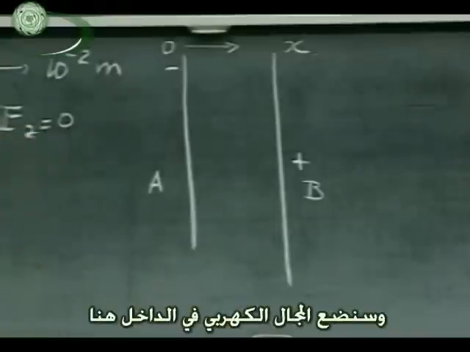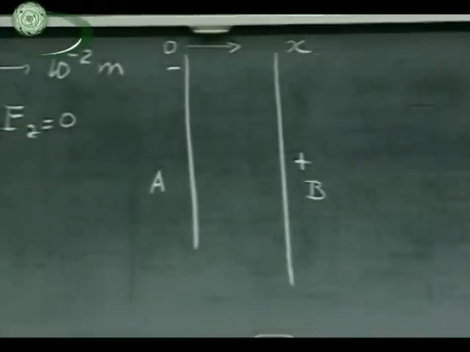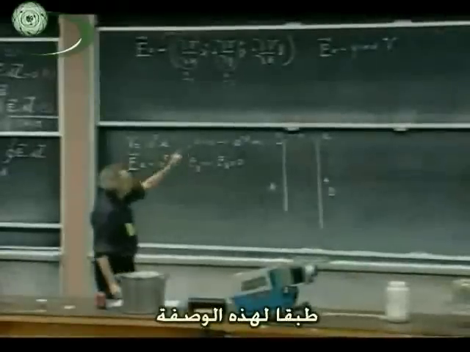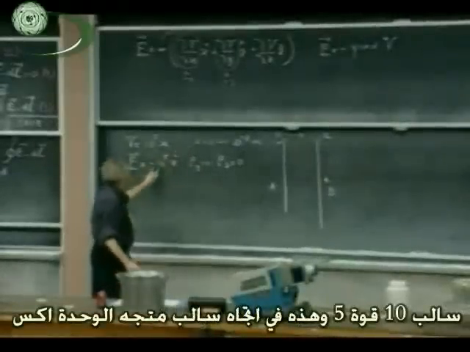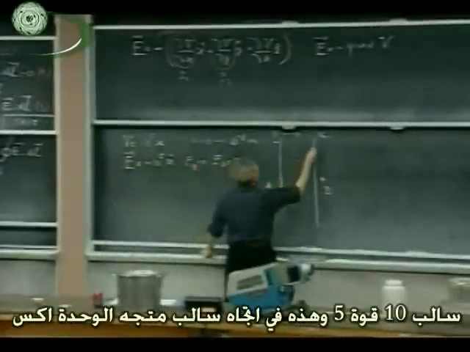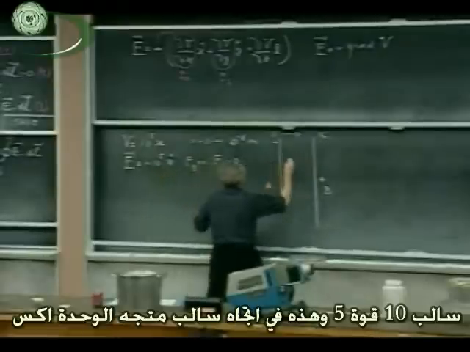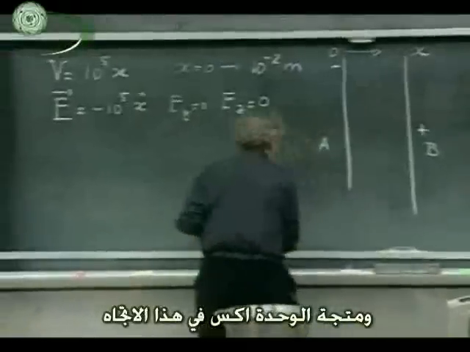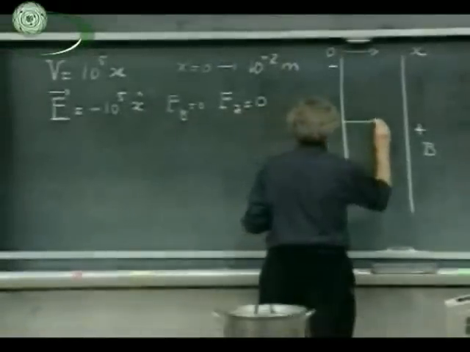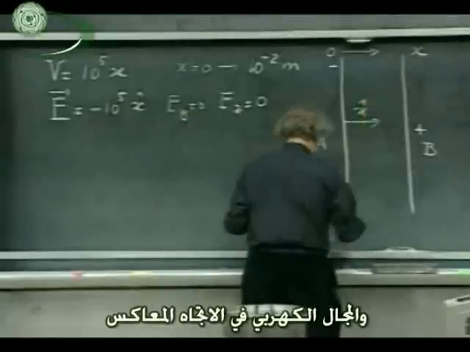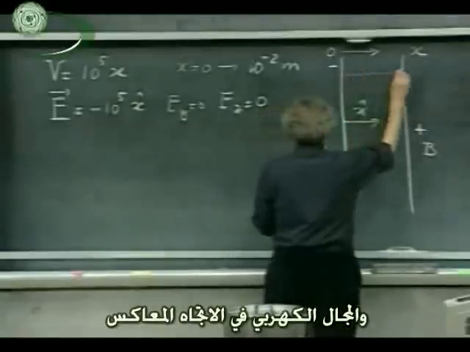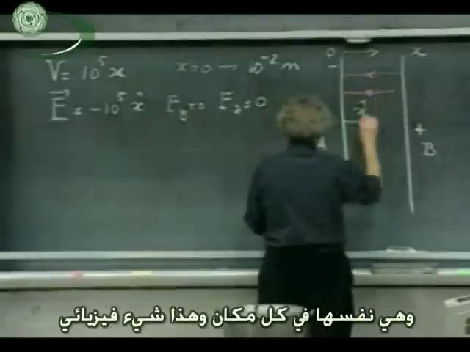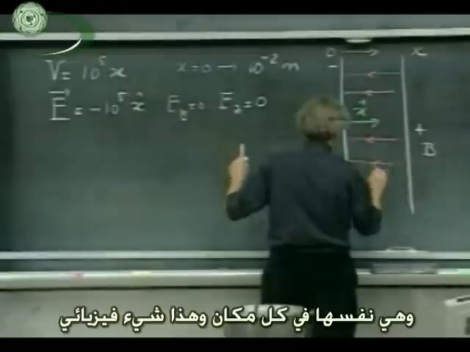So I can put the electric field inside here, according to the recipe, minus 10 to the 5th, and it is in the direction of minus x roof. So x roof is in this direction. The electric field is in the opposite direction. And it's the same everywhere. And that is very physical.